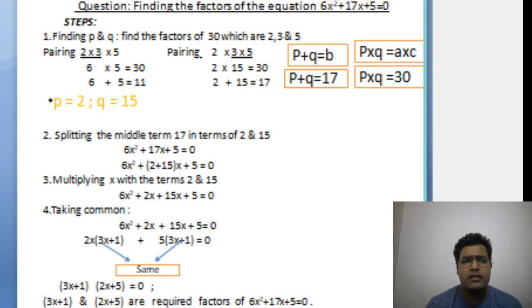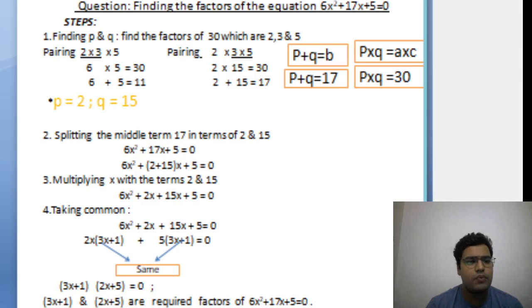Here the coefficient of x square is 6, means the value of a is 6. The coefficient of x is 17, which is b, and the constant term is 5. So a is 6, b is 17 and c is 5.